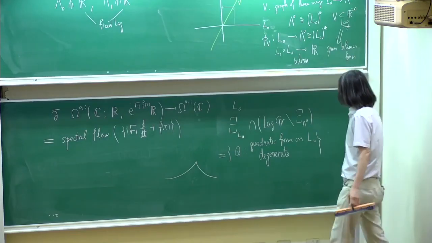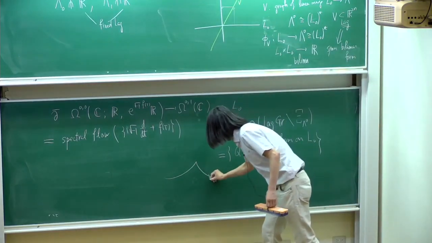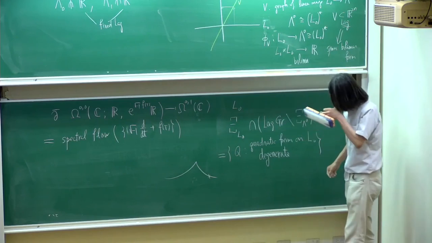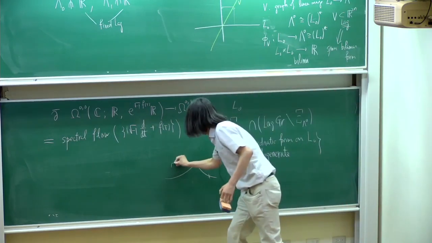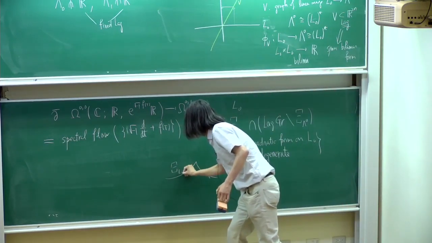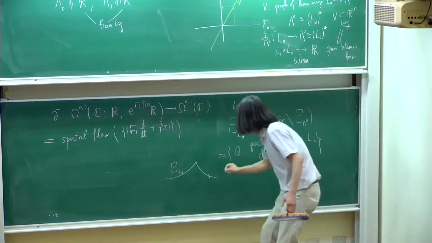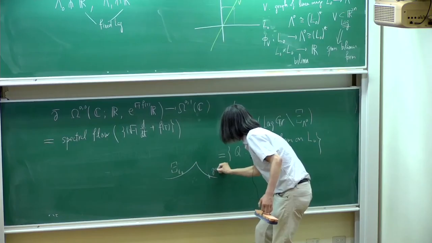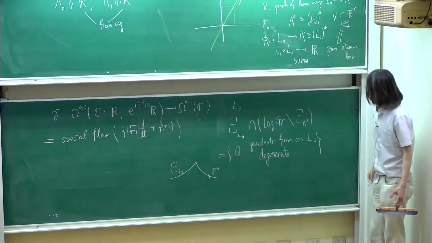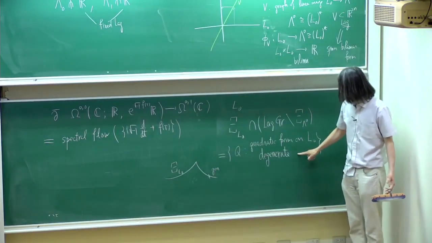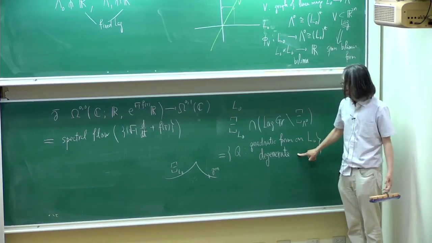So if you take a generic point on this locus, then this is a degenerate quadratic form.